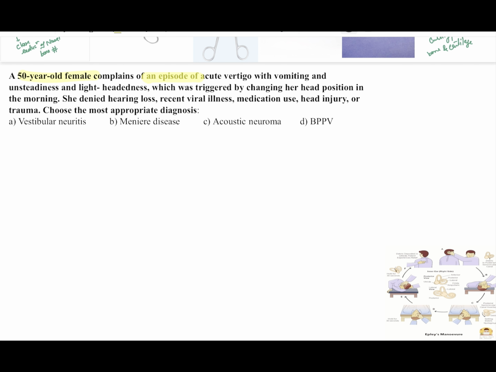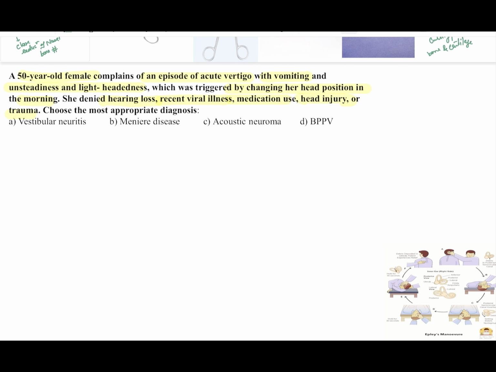A 50-year-old female complains of an episode of acute vertigo with vomiting, unsteadiness, lightheadedness, which is triggered by changing her head position in the morning. She denied hearing loss, recent viral illness, medication use, head injury or trauma. What is the appropriate diagnosis?